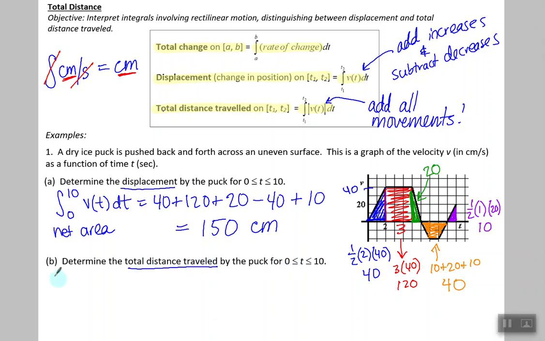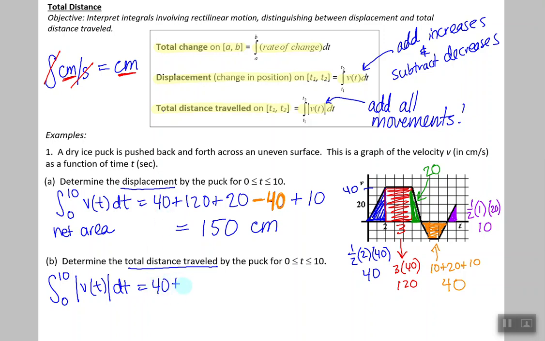B. Determine the total distance traveled by the puck for 0 to 10. Total distance traveled is the integral from 0 to 10 of the absolute value of the velocity, because we don't want to subtract any of the decreases in position. We want to add up everything, whether it is above or below the x-axis. So unlike the last one, where we had to subtract the 40 that was below the x-axis, this time we're adding everything.